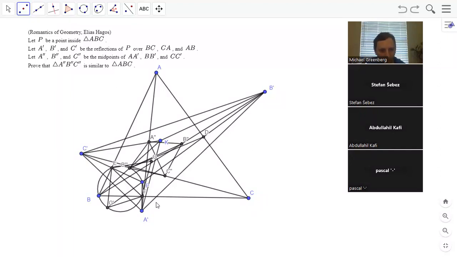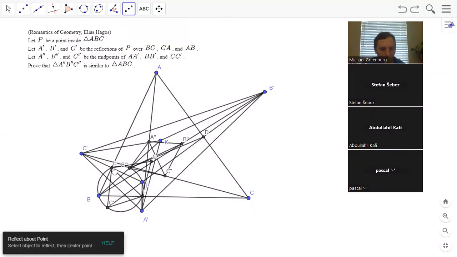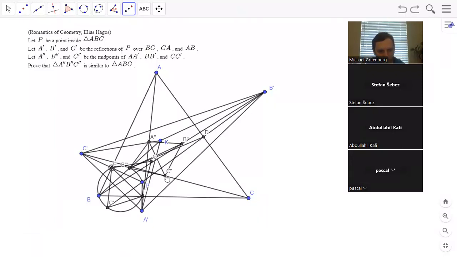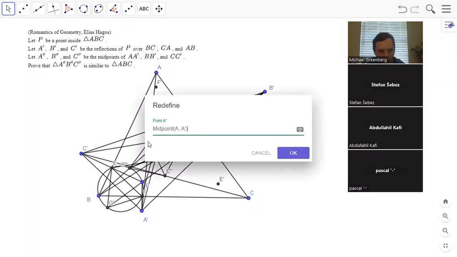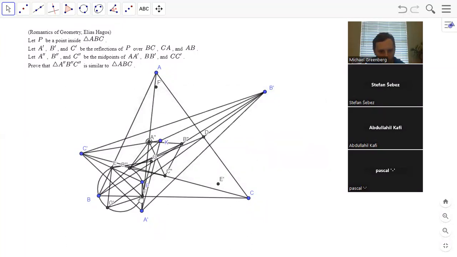Or we could try reflecting all of them across. So reflect this over that. This over that and this over that.